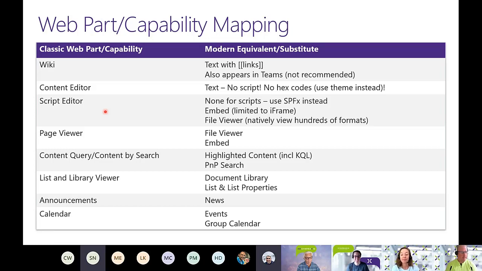So I can talk to a solution that Mark and I implemented for that, and it did show the recurring events. We ended up using the P&P search web part to pull the search events from the events lists, and it was actually multiple events lists across multiple sites in a hub.